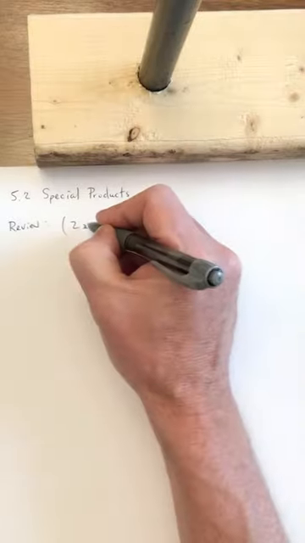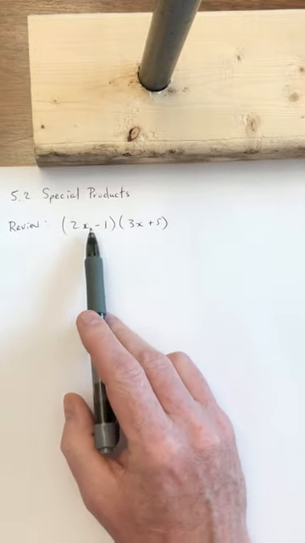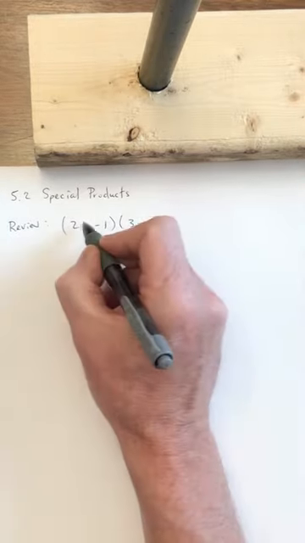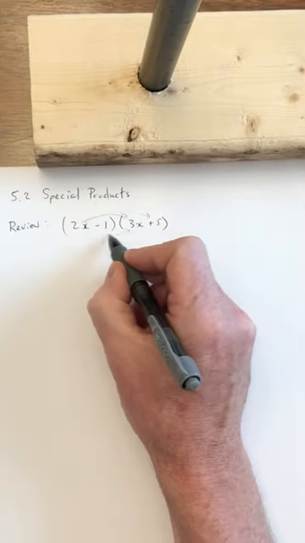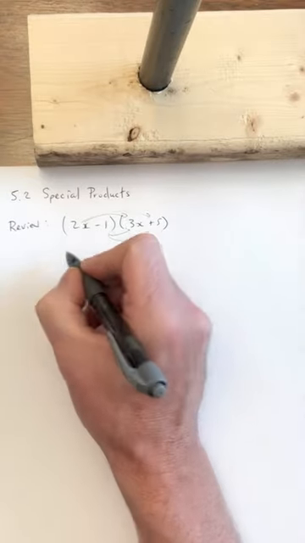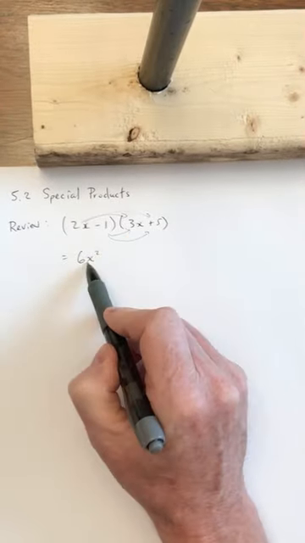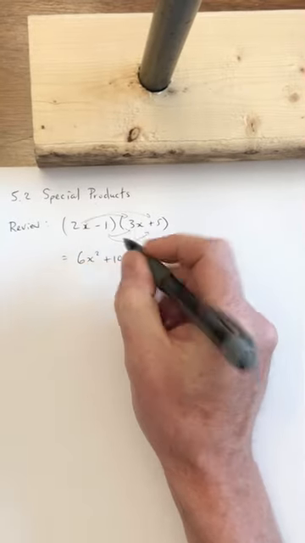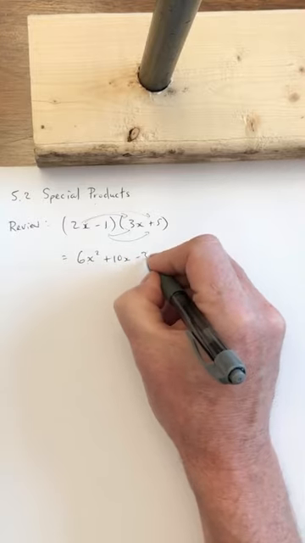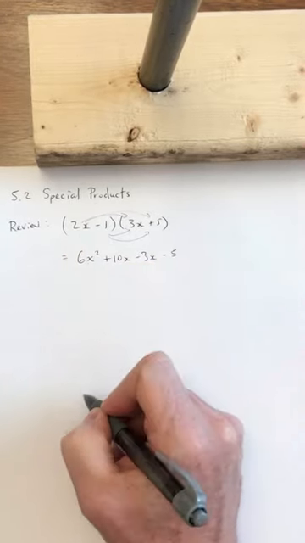Just a review from last day, we were multiplying out binomial by binomial, and when we do that, we FOIL it out. So our firsts, our outsides, our insides, and our lasts. So if we quickly do that, we would have 2x times 3x is 6x squared, 2x times 5 is plus 10x, negative 1 times negative 3 is negative 3x, and negative 1 and 5 is negative 5.